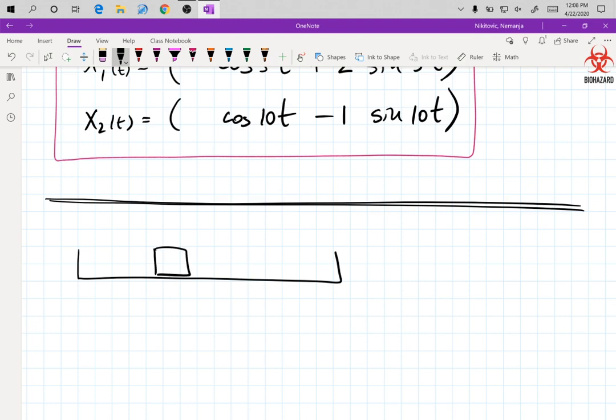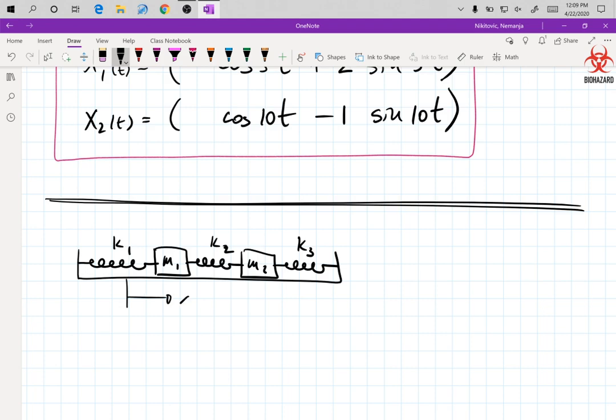So we're going to have 2 masses. Mass 1, mass 2, and 3 springs, K1, 2, and 3.